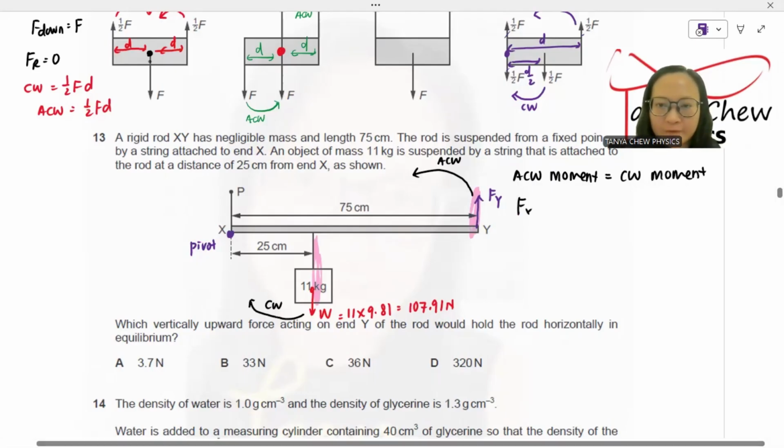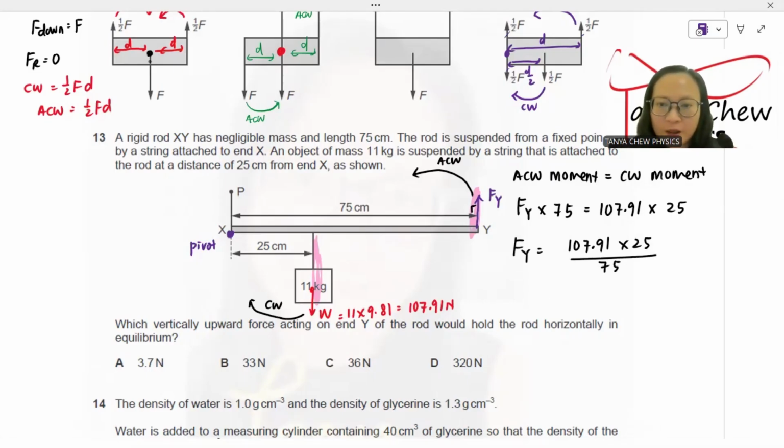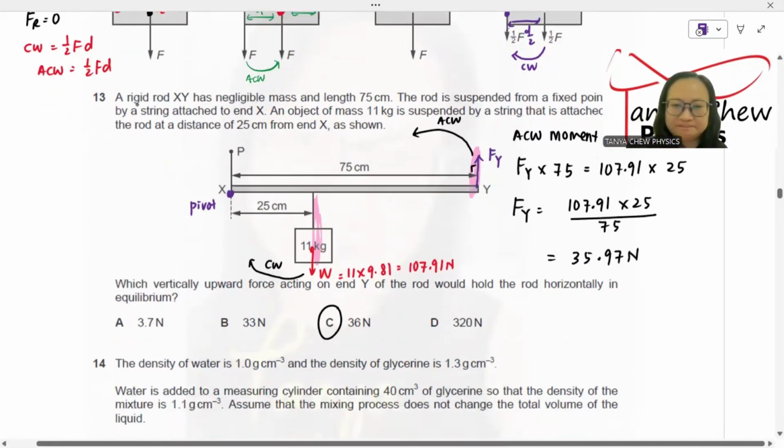Anti-clockwise moment is Fy multiplied by the perpendicular distance between the force and the pivot, 75 cm. Clockwise moment is 107.91 multiplied by the perpendicular distance, 25 cm. Therefore, Fy is equal to 107.91 multiplied by 25 divided by 75. I got 35.97 Newton, which I rounded off to 36 Newton.